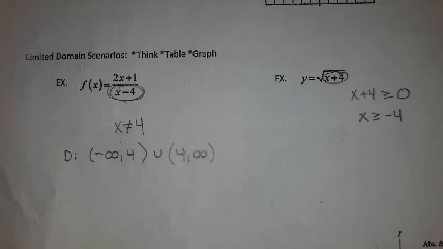Yes? Okay? And that's your domain. In interval notation, if you're greater than or equal to -4, that's from -4 with a bracket to infinity. Does that make sense?